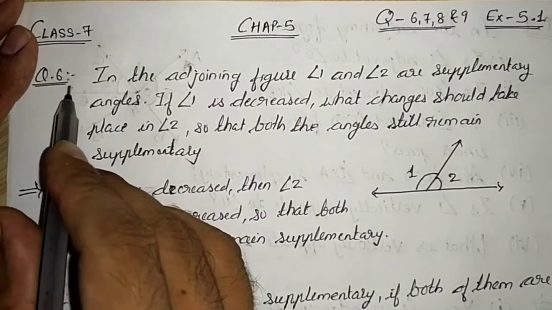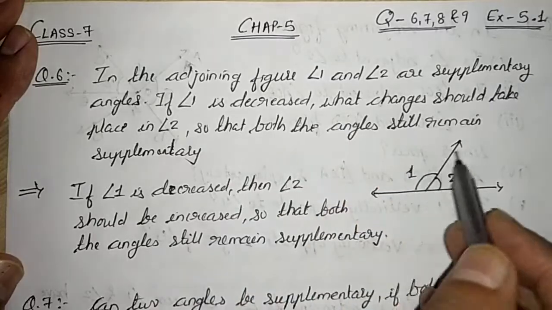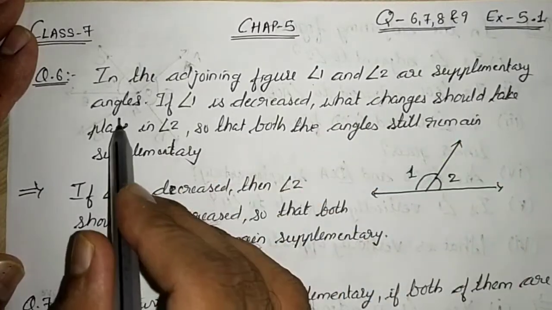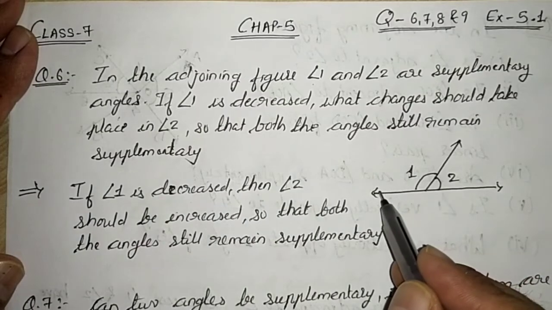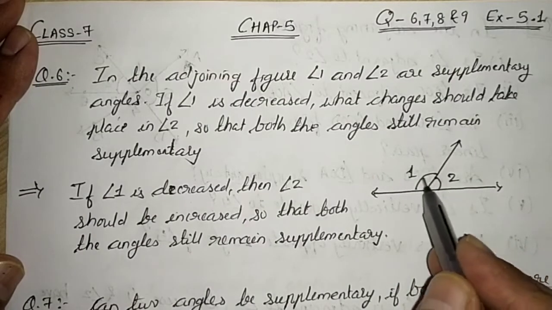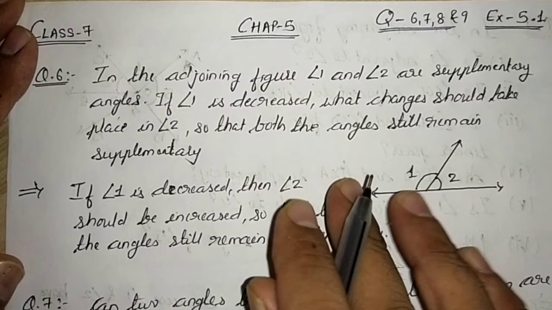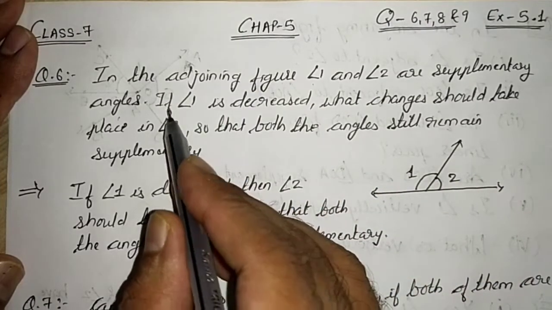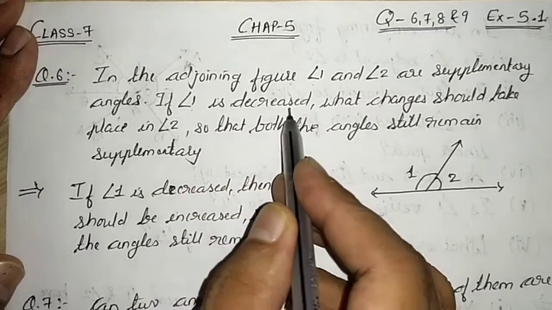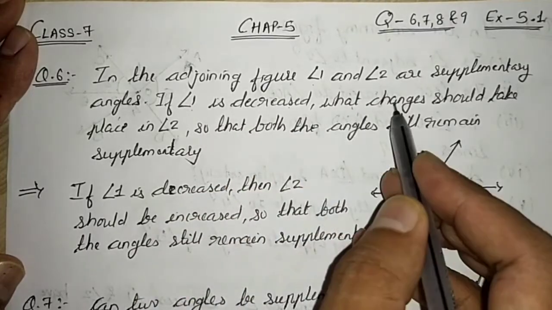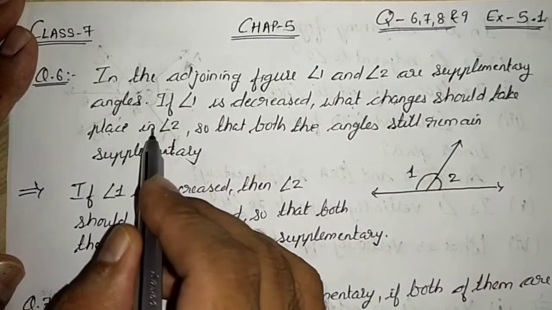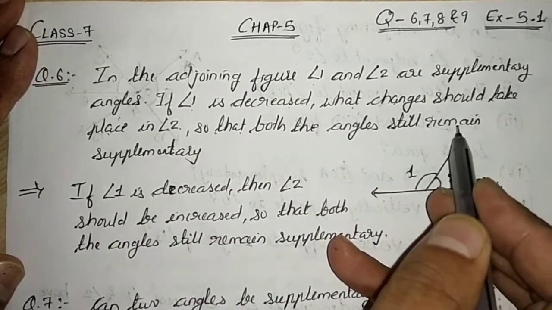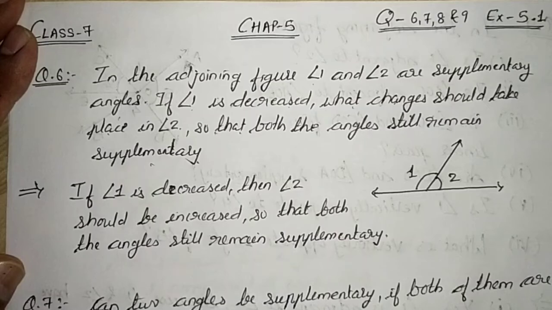Question number 6 says, in the adjoining figure, angle 1 and angle 2 are supplementary angles. They have told us that these two angles are supplementary, that is, they sum to 180 degrees. If angle 1 is decreased, what change should take place in angle 2 so that both the angles still remain supplementary?